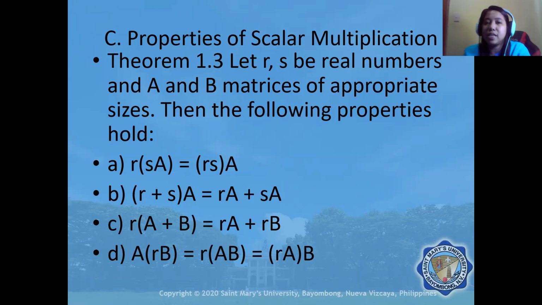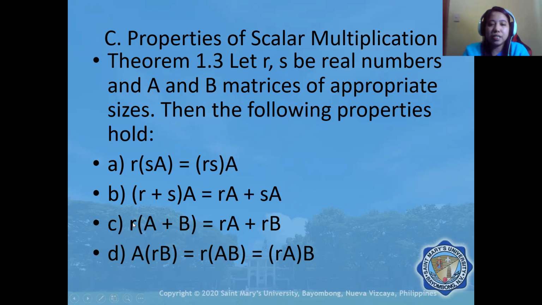So r multiplied to sA is equal to the product rs multiplied to our matrix A. We also have here getting the sum of our two scalar values multiplied by matrix A. If we distribute this, or if we multiply matrix A by scalar r and add it to the product of A and scalar s, you will get the same answer.